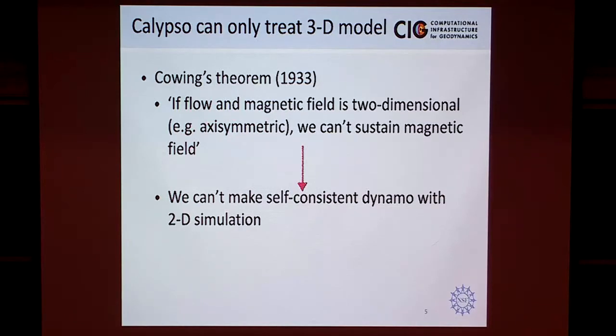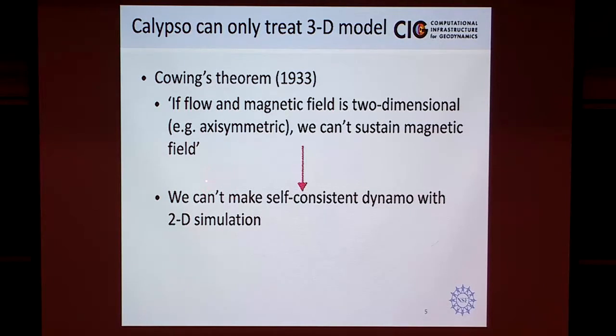If flow and magnetic field are two-dimensional, for the outer core, axisymmetric is a good example, dynamo never works. So we cannot sustain dynamos in such simple flow and magnetic field patterns. Then to obtain a self-consistent dynamo, we need a three-dimensional simulation model.